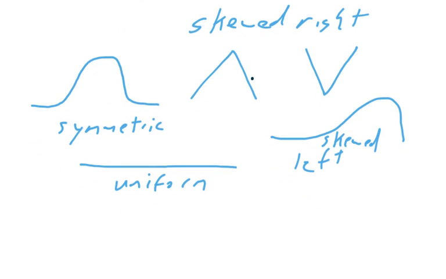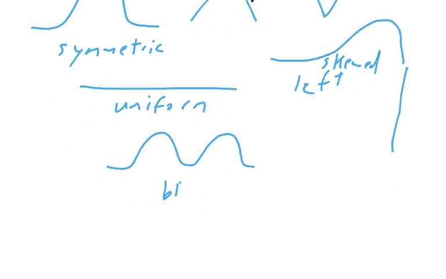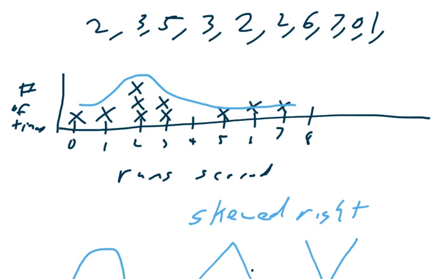There's one more shape that we sometimes see, and this is called bimodal, simply because there are two different places where you can get a lot of data. So coming back up to this first dot plot, if I wanted to describe this distribution, we need three things. We need the shape, so we already said the shape is skewed to the right.